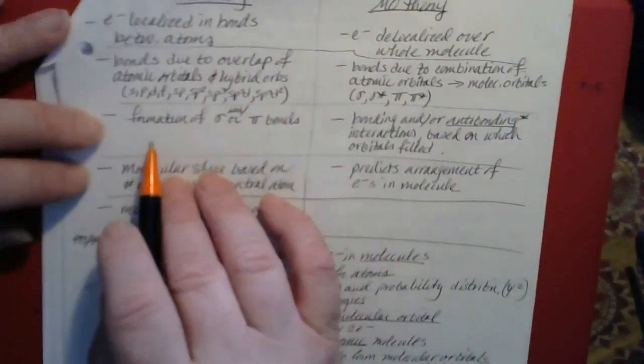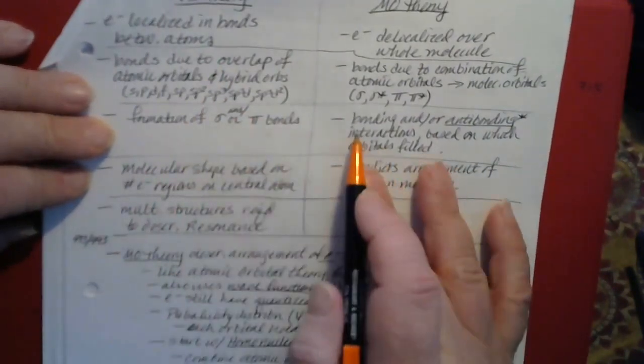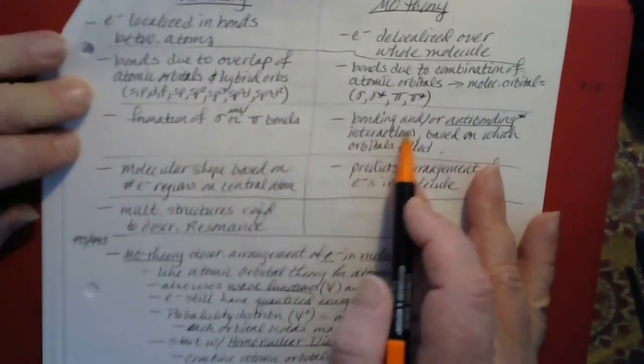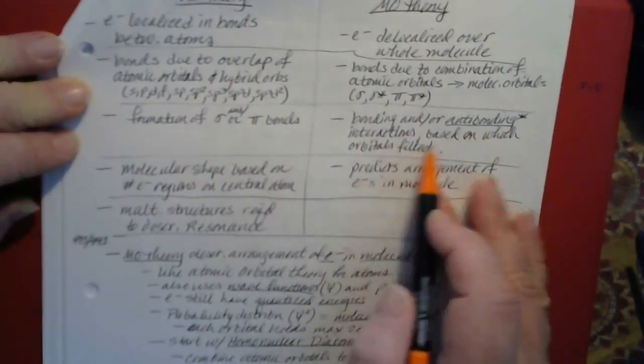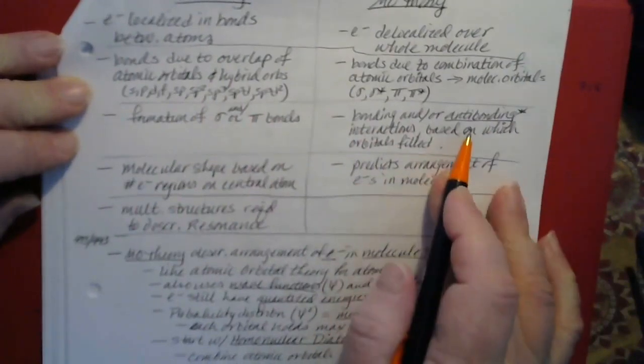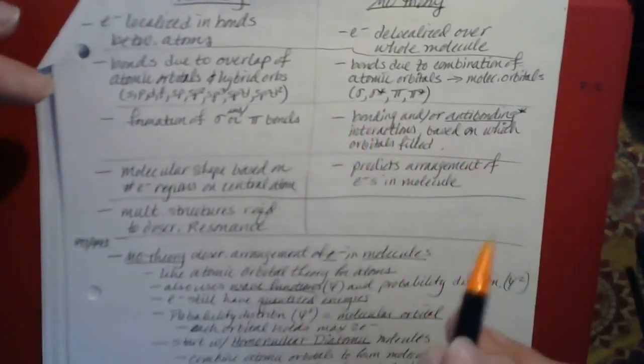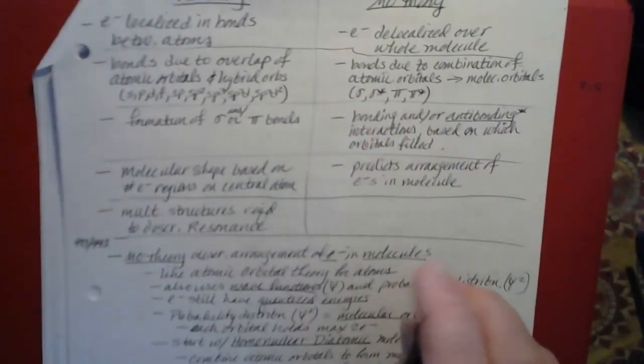Okay, valence bond theory involves formation of sigma and or pi bonds. In the molecular orbital theory, we look at bonding and or anti-bonding interactions based on which orbitals are filled. And it's the anti-bonding, how many anti-bonding electrons you have versus how many bonding electrons you have, that determines whether the bond forms or not.